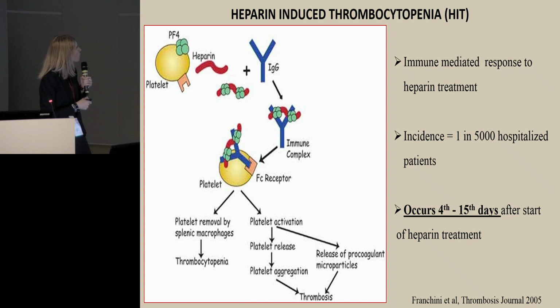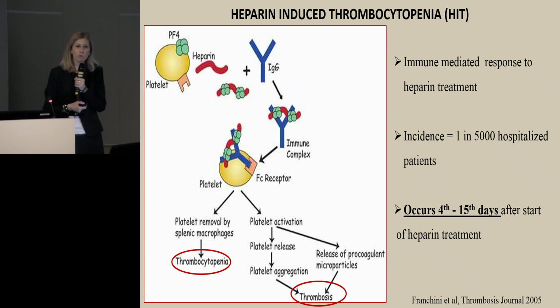And this complex will be stuck on the surface of platelets, and it might lead to the formation of antibodies against this complex, which will also bind to the platelets and will lead to increased platelet removal by macrophages, leading to thrombocytopenia, but at the same time will lead to platelet activation, release of microparticles, and platelet aggregation, leading to thrombosis. Arterial thrombosis and venous thrombosis, both.